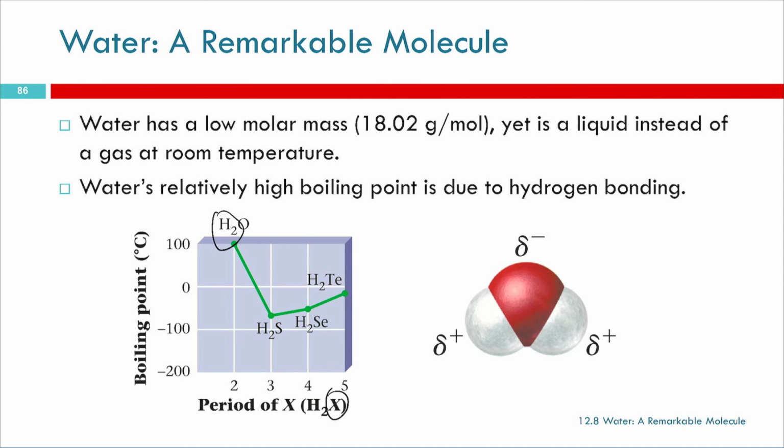Water, H2O, at the top has a boiling point of 100 degrees C, but then hydrogen sulfide is at almost negative 100, somewhere in between there, maybe negative 80. Hydrogen selenide is just a little bit higher than that, and tellurium hydride is just a little bit higher than that. And so you can see that water really is a special molecule in that it has such a high boiling point.